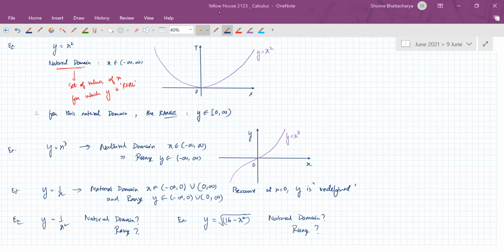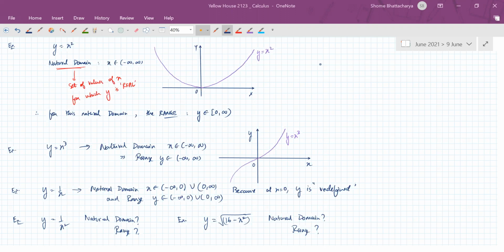The message I received from you is, just a minute. Anirudh, what is the message you sent? Can you read it out? For one, the natural domain is x belongs to -infinity to 0, union of 0 to infinity. Whereas the message I have received is -1 to 0. So maybe some software issue. Actually, I have written infinity as I. Okay, it's like you have written infinity as I. Yeah, that's correct.